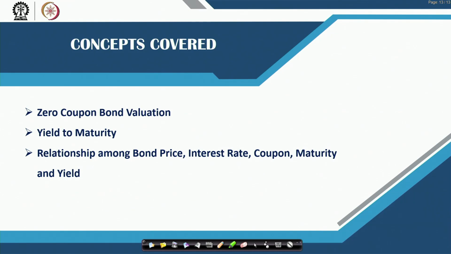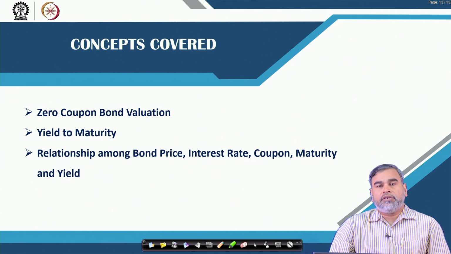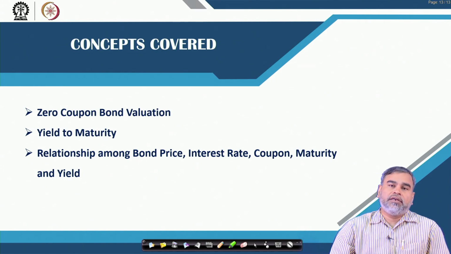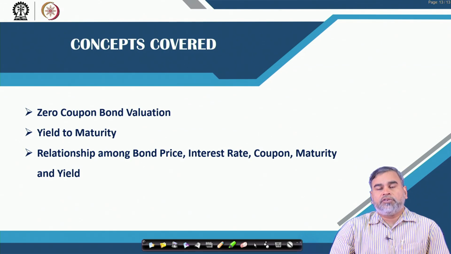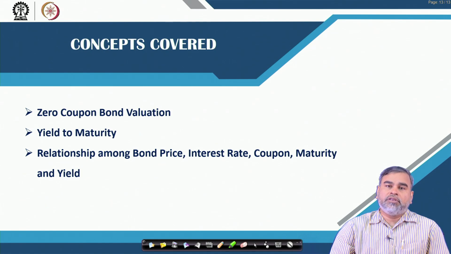Whenever they invest in or issue a bond, they are also much more concerned about yield to maturity. Then we will also discuss certain relationships which are always established between the bond price, interest rate, coupon, maturity of the bond and the yield. These tell you what kind of investment strategy an investor or bank can make when they want to invest in the different types of fixed income securities existing in the market.